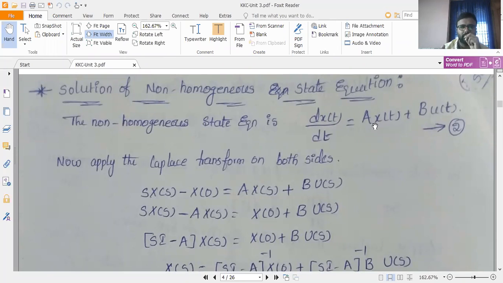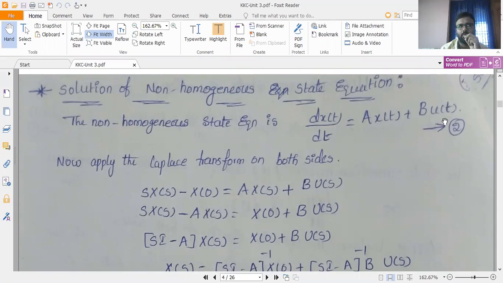Whereas the homogeneous state equation is represented as only d by dt of x of t is equal to A into x of t. There is no presence of B into u of t in homogeneous state equations. Why? Because it is an equation which satisfies the superposition theorem.